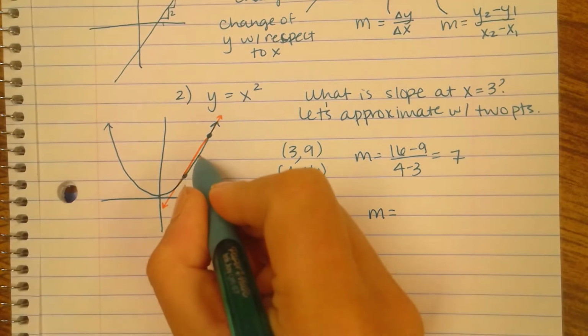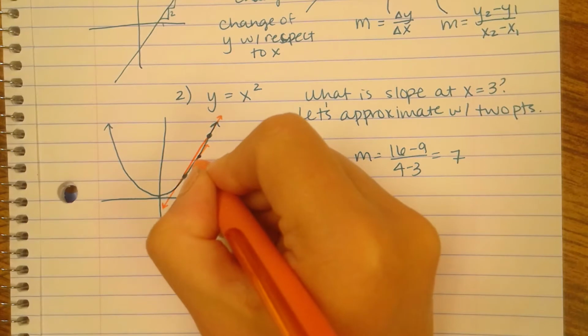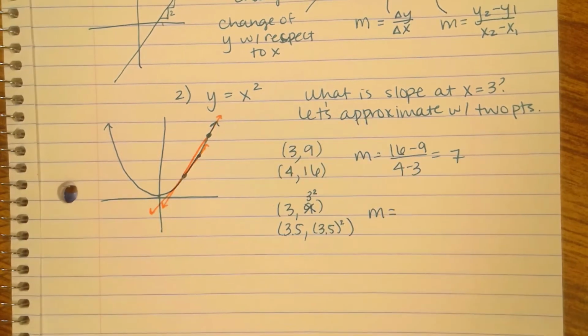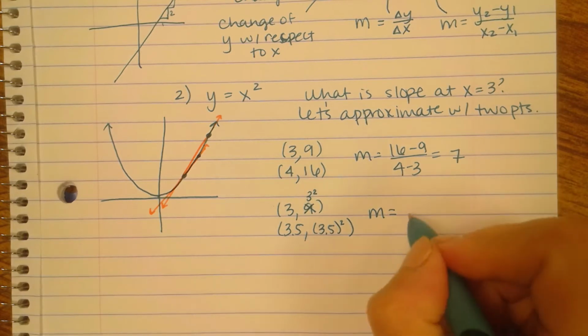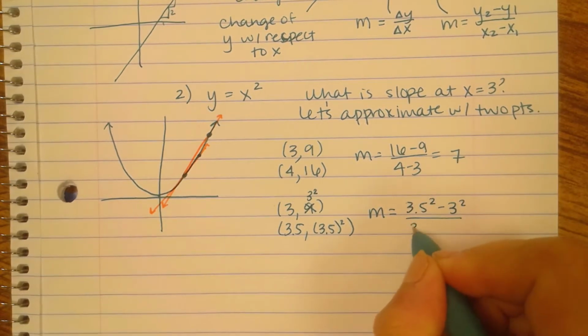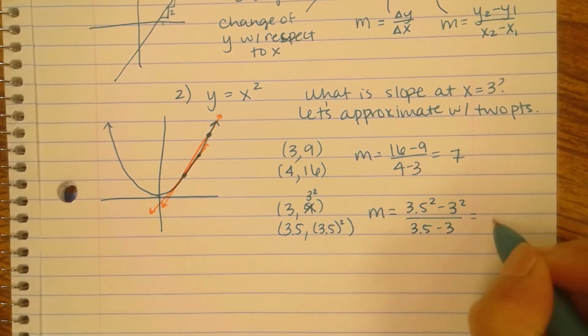If I draw in the line, that might be an even better approximation. I can see that it hugs the curve even better than x equals 4. Again, my line might be better if I zoomed in really close. If I evaluate that with 3.5 and put that into my calculator, I get a slope of 6.5.